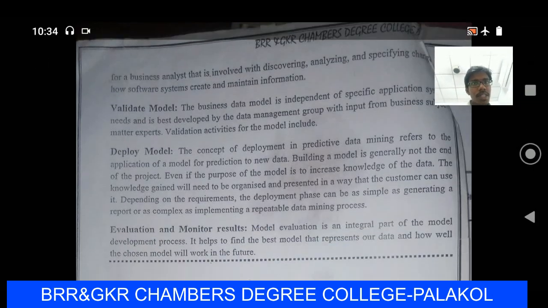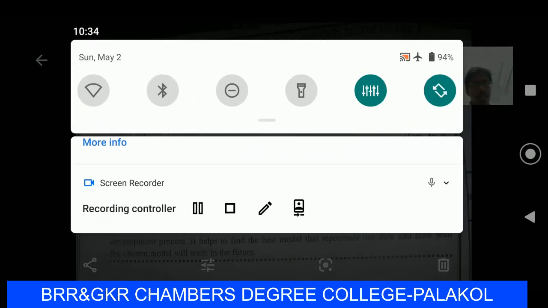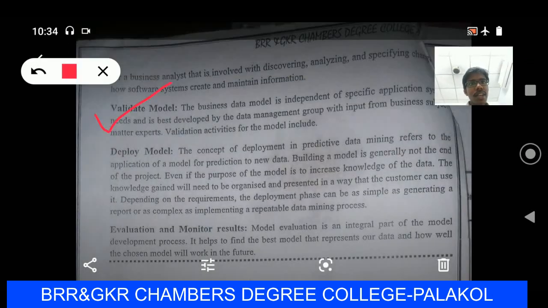Validate means that once data is collected, updated, and used for problem identification, after that you can validate the model. The business data model is independent of particular specific application system needs and is best developed by the data management group with input from business subject matter experts, and validation activities for the model also include this.